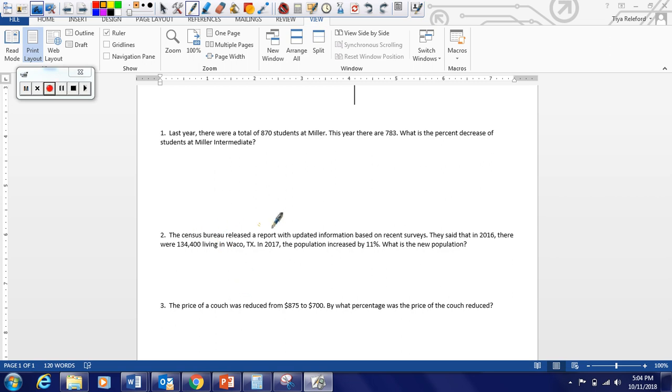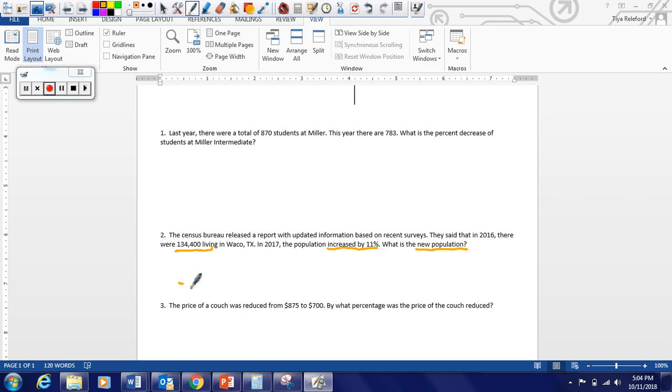So the Census Bureau released a report based on surveys. They said that in 2016 there were 134,400 people living in Waco, Texas. In 2017 the population increased, important word there, by 11%. What is the new population?